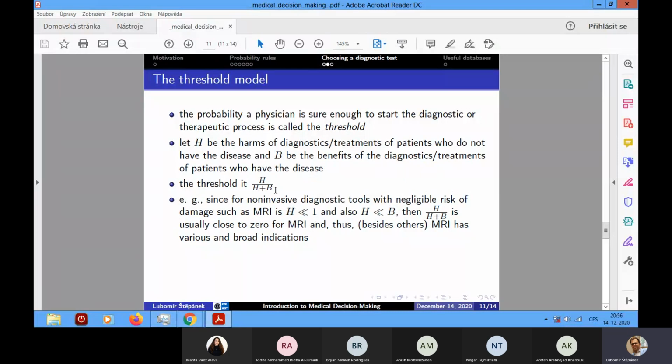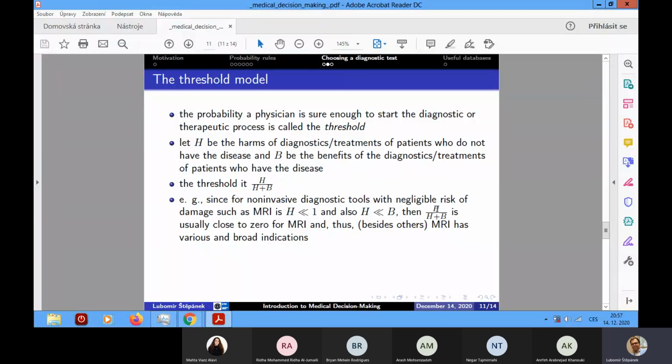And definitely the benefits for patients with diseases absolutely exceed the harms for a patient with no disease, who could, for example, be treated by mistake or diagnosed by mistake. So B exceeds the H term many times.